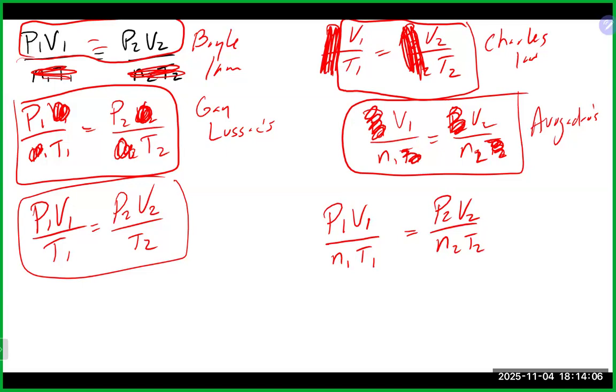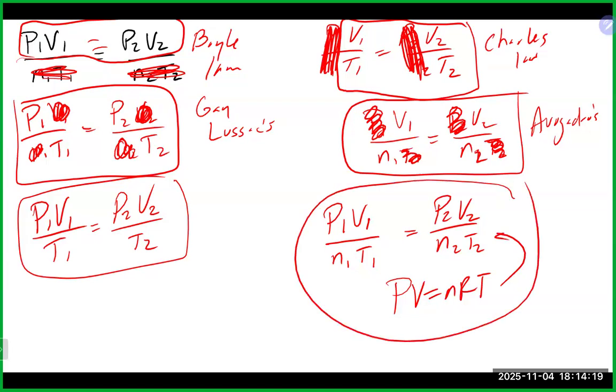What you're left with is probably the right formula to use to solve your problem. And your friend, the ideal gas law, which by the way is pretty much where this comes from, the two of those together as well. So if you remember these two, you pretty much have every gas law that you need right there on your paper, and you could get to them really easily. Any questions on how to do that there? Okay.